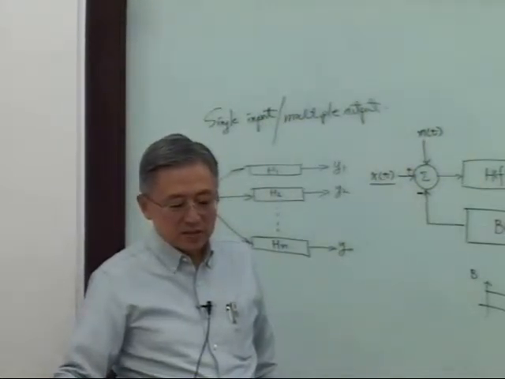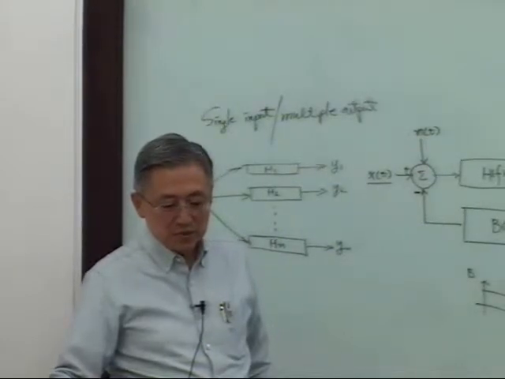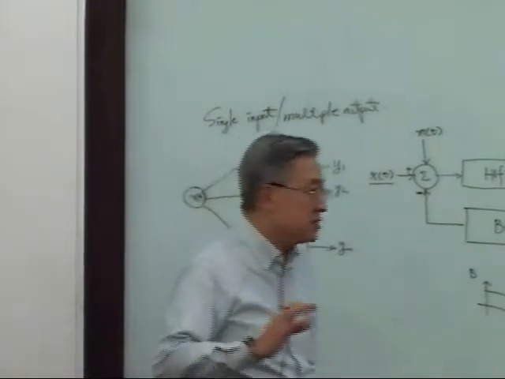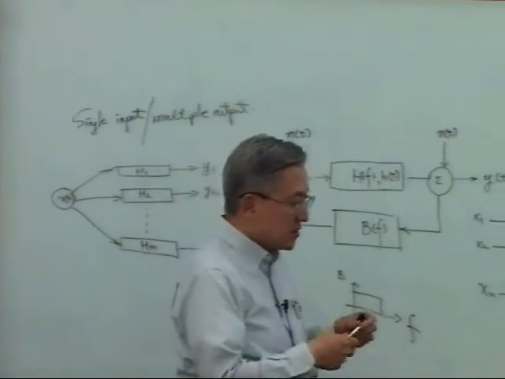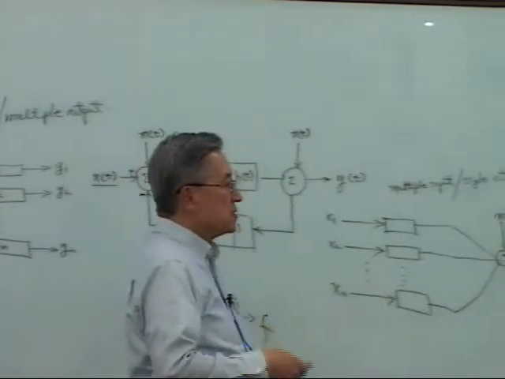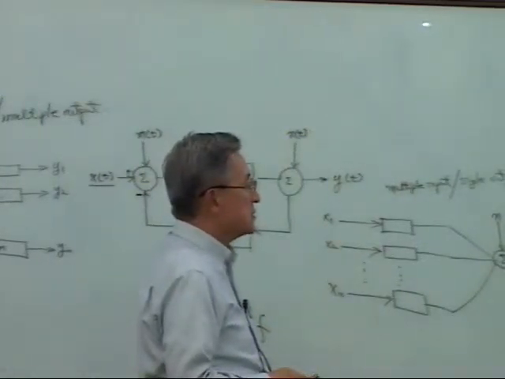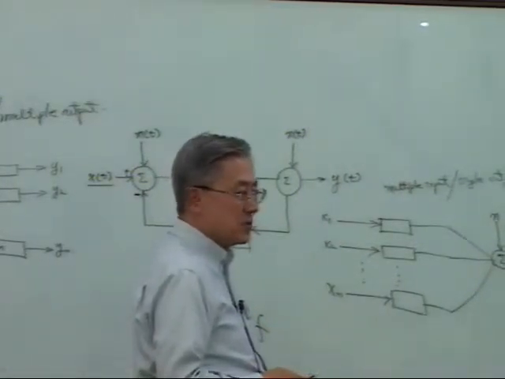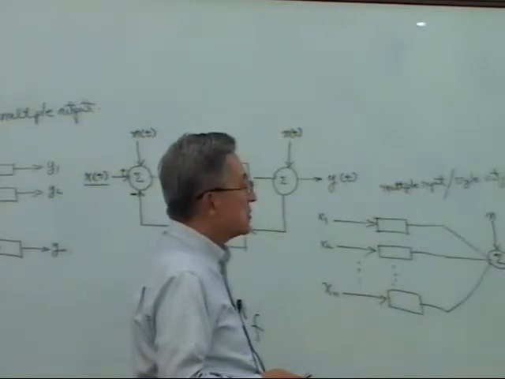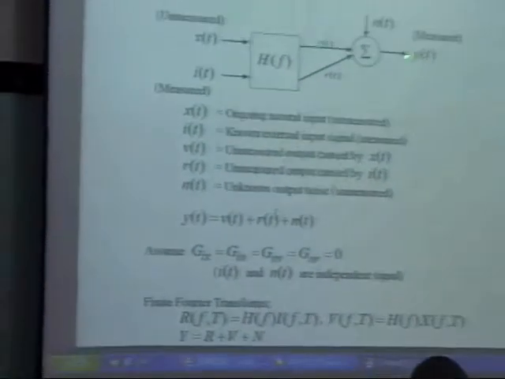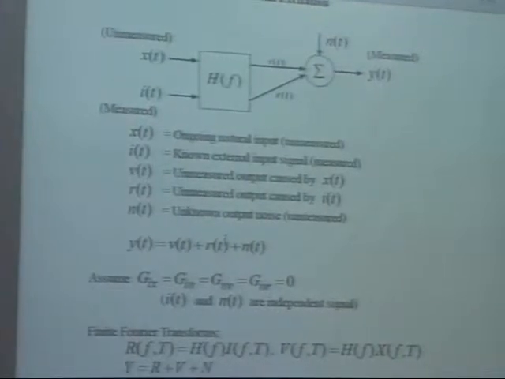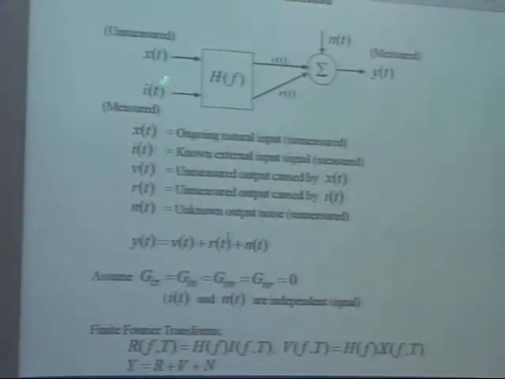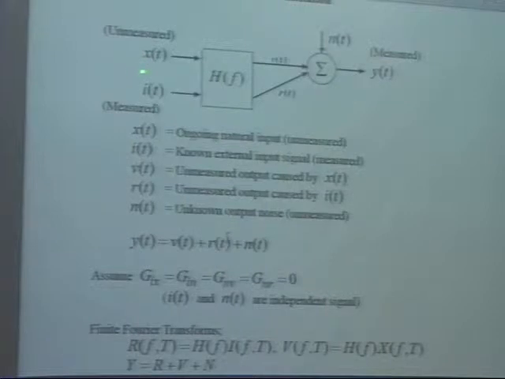And I is the external input signal. This is measured. I is known, so you can excite the system using the known source, then try to get the H. Once you got the H, of course Y you can measure by the transducers, then you can get a good estimate for X here.